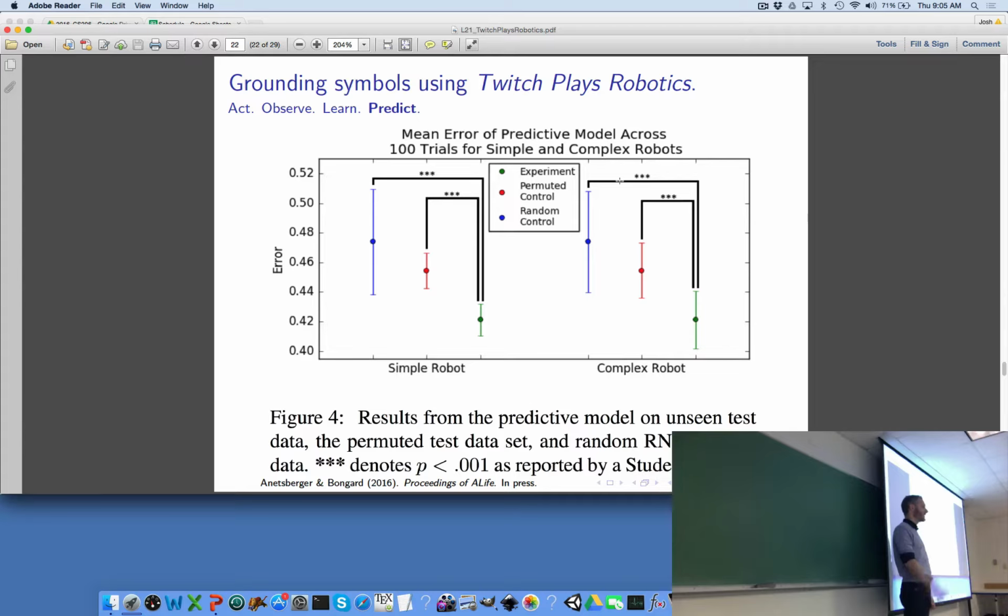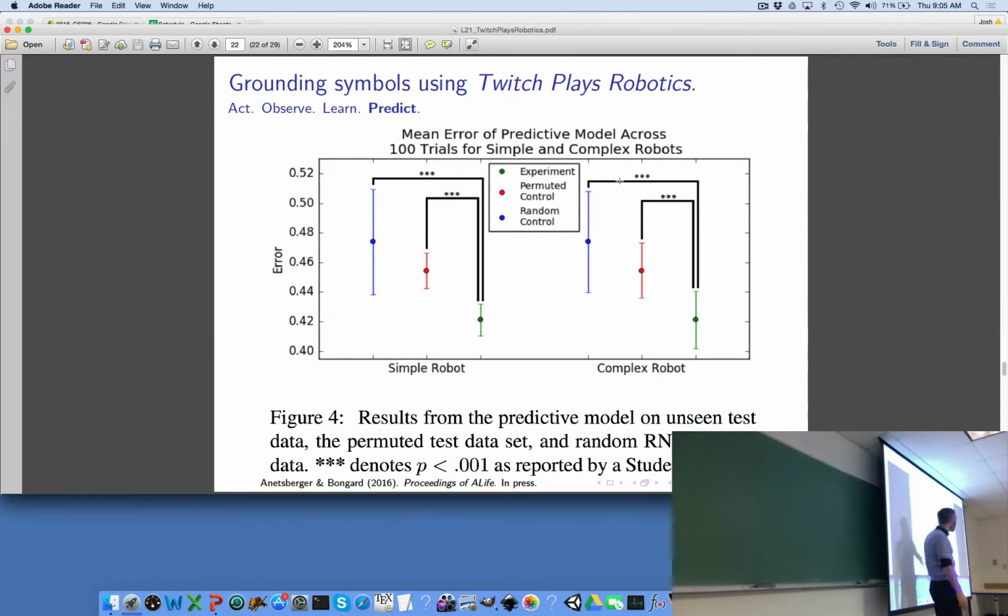And when the robot didn't jump, the crowd said thumbs down. The permuted control sort of says, what if the crowd was just randomly typing in Y and N at random? That's what the permuted control would have been, right? And it turns out that if the crowd had responded completely at random, this is the best that the neural networks could have done, because there's nothing there really to learn, right?